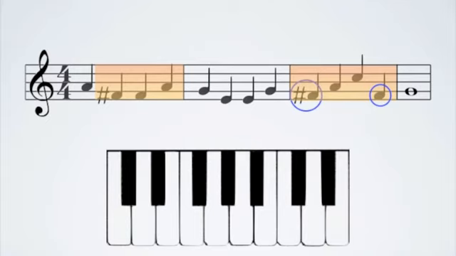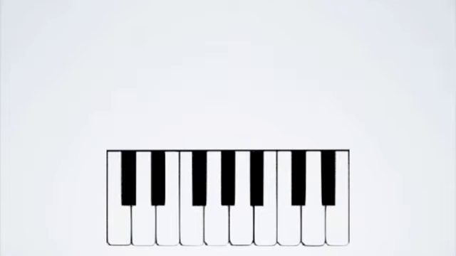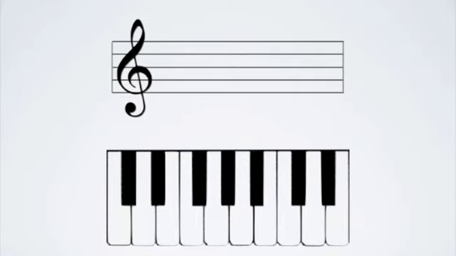Now, at the beginning, we often think of sharps and flats as black notes, but this is not always true. As I said, a sharp raises any note up to the next nearest note. So if we start with an E and add a sharp to it, we get E sharp.